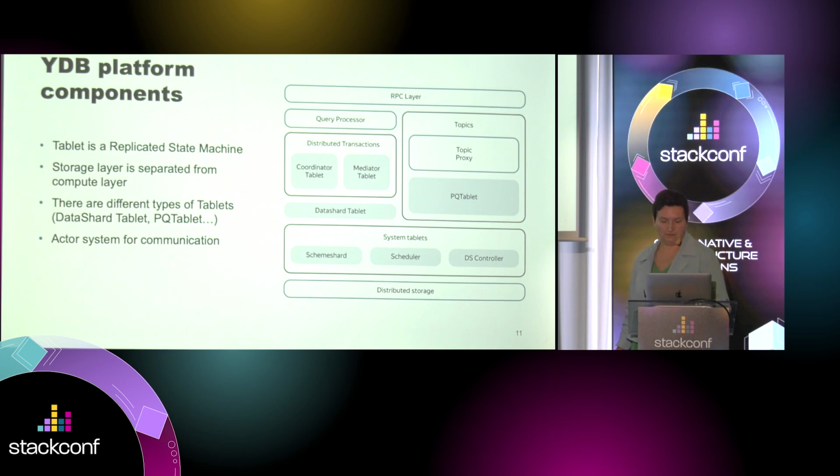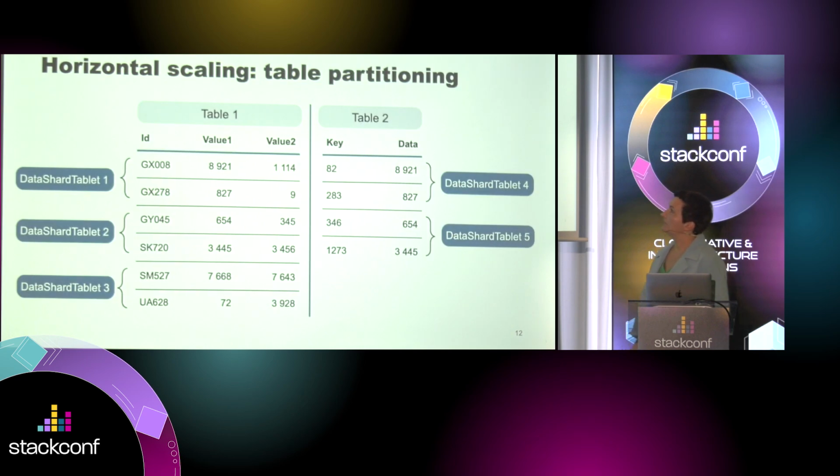So let's go further to a lower level. The key point of keeping data in distributed systems is to shard data and to keep data distributed. So every table in YDB is sharded by primary key, and there are several possible methods of partitioning.